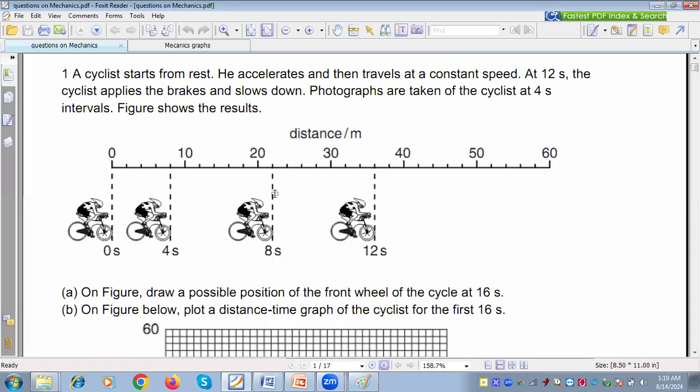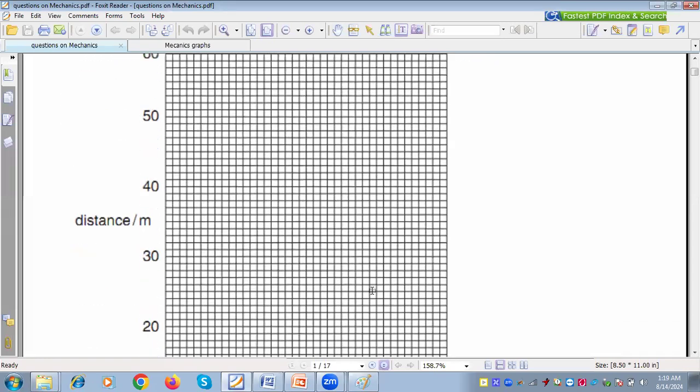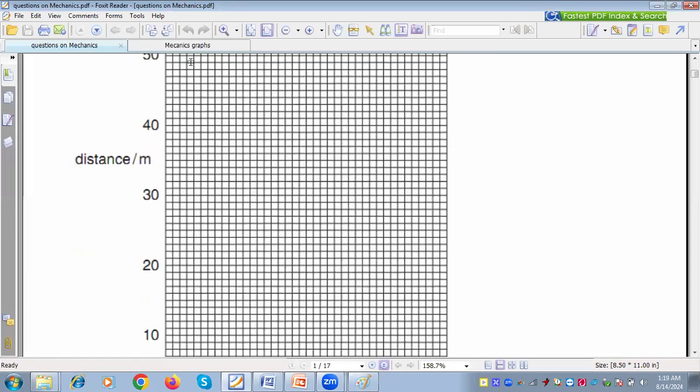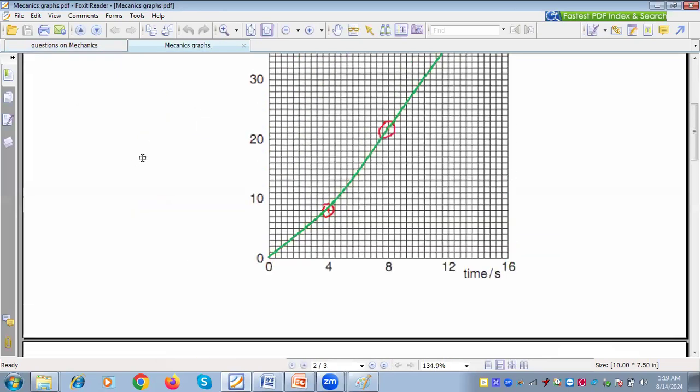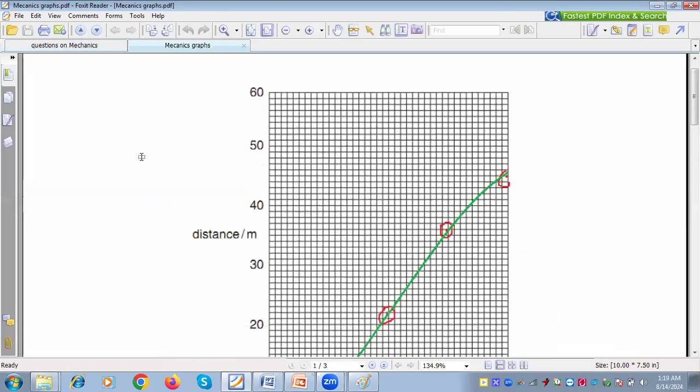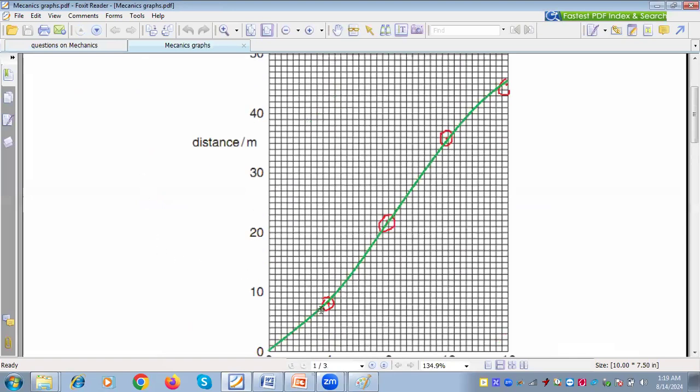He has covered 22 and then 36. So the positions are 8, 22 and 36, and the graph is plotted. Let me show you the graph. This is the graph which is to be plotted.